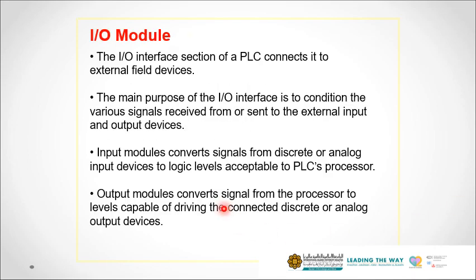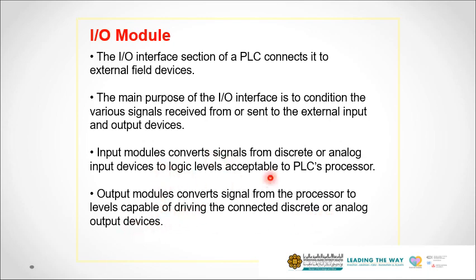Okay, so the purpose of the I/O module is basically that I/O modules convert a signal from a discrete or analog input device to logic levels acceptable for the PLC, and output modules convert signals from the processor to levels capable of driving the connected discrete or analog output device.